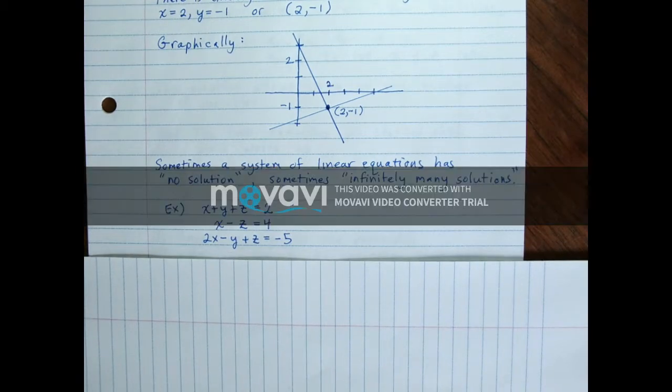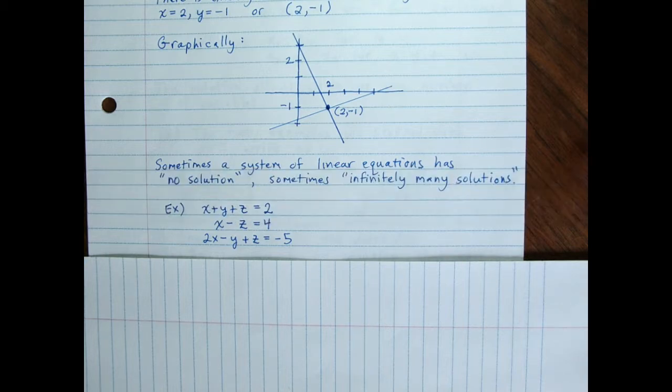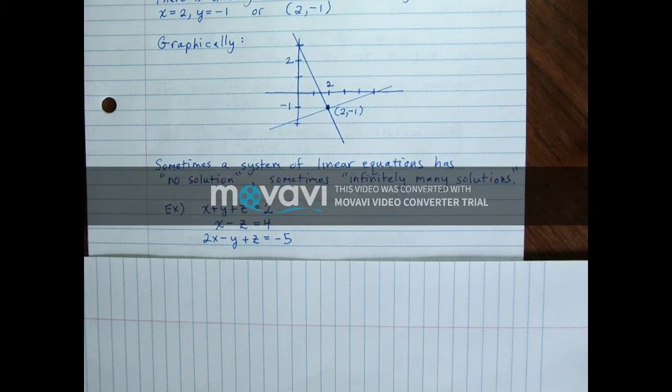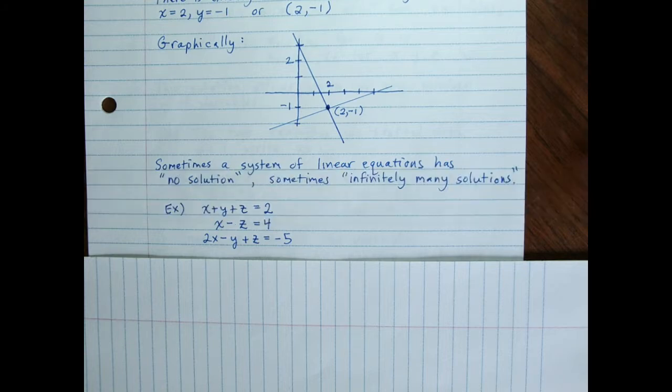Here I have three equations and three variables. x plus y plus z equals 2, x minus z equals 4, 2x minus y plus z equals negative 5. This system also has a geometric interpretation. The interpretation is in 3D, 3 dimensions. Each one of these equations has a graph that's a plane in 3D. I think you're familiar with planes from Calculus 3.